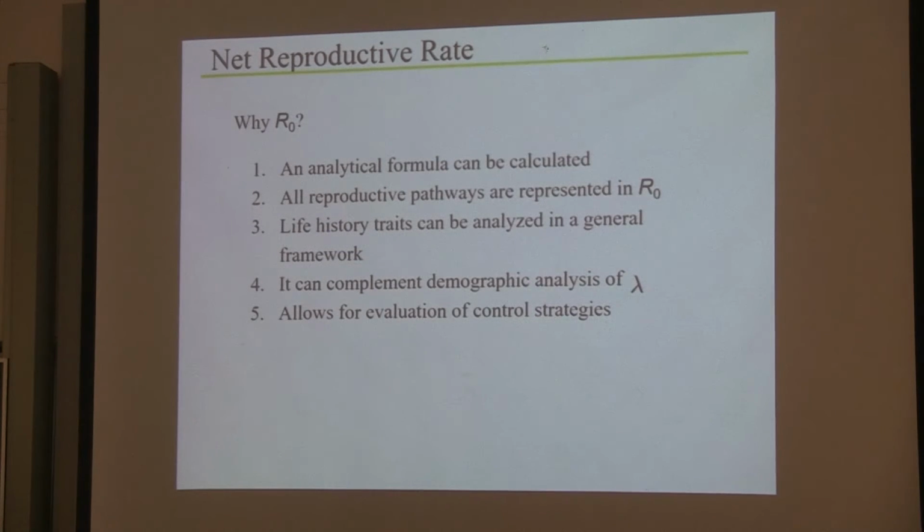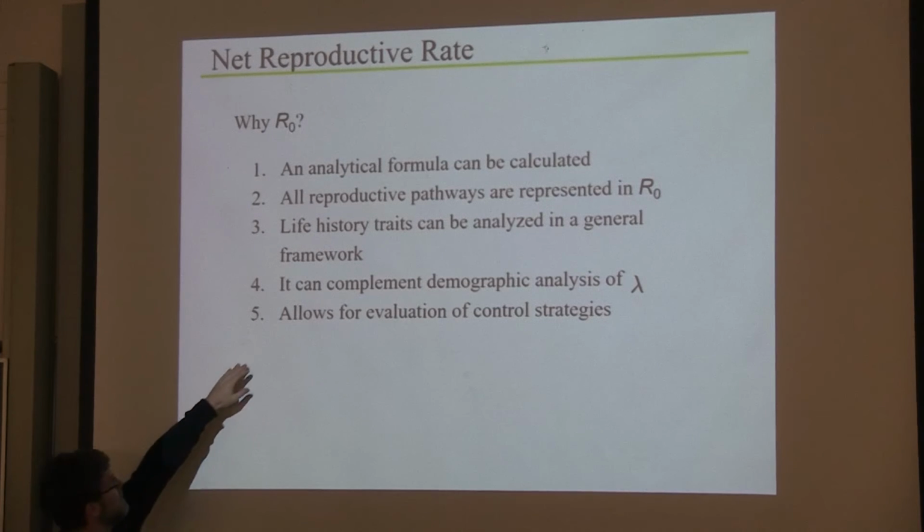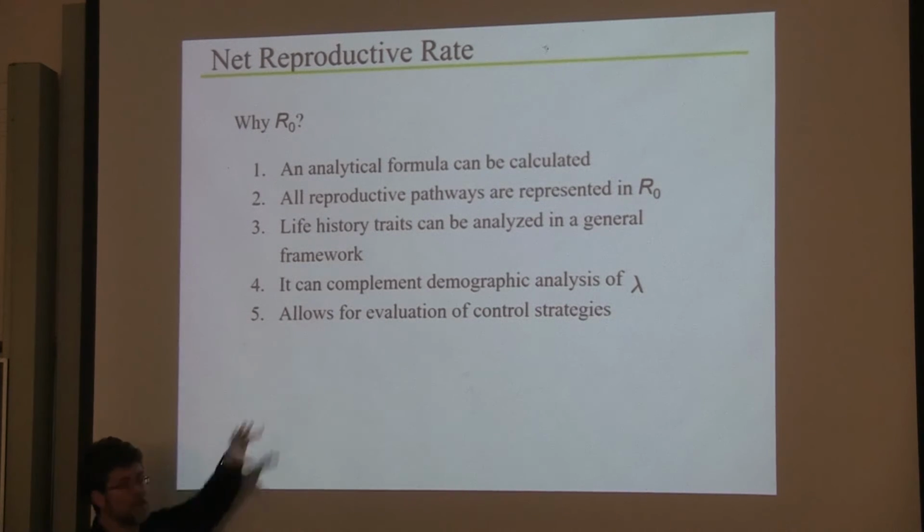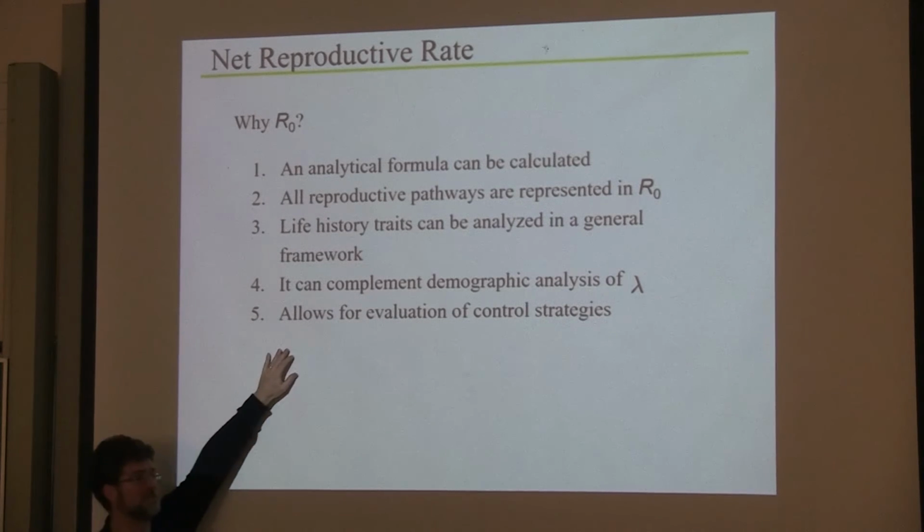So why would we use this in controlling invasive species? Typically, we can come up with an analytical formula, and we can look at the effect of life history traits. It's complementary to looking at the eigenvalue, and it allows for the evaluation of control strategies.